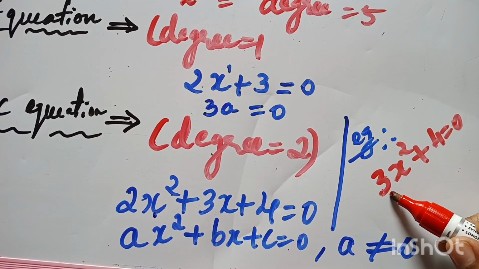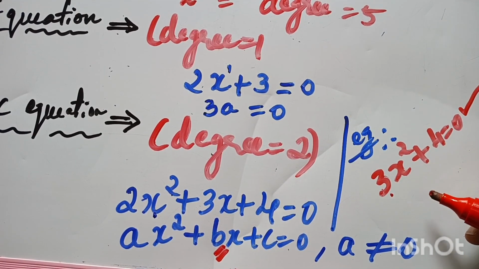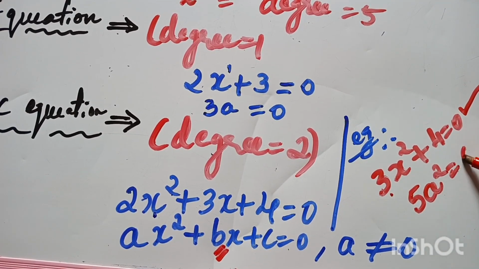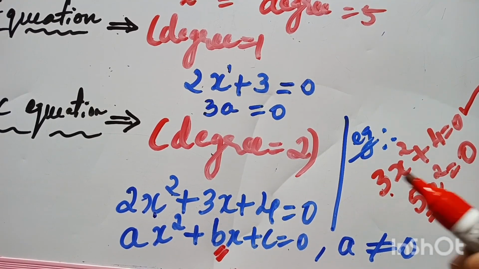Here the a value is 3, and the b value is missing, but still it is a quadratic equation. At the same time, 5a square equals 0 is also a quadratic equation, because the power of a is 2. When the highest power of an equation is 2, then it is a quadratic equation.